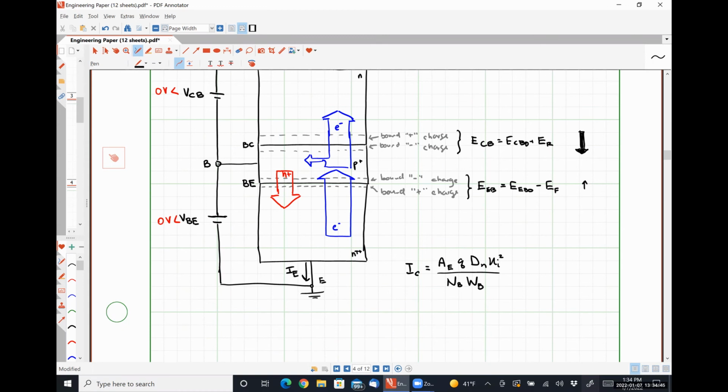So this is simply the number of acceptor atoms there. And then WB is the effective width of the base, which I'm going to define real quick before we move on with this equation.